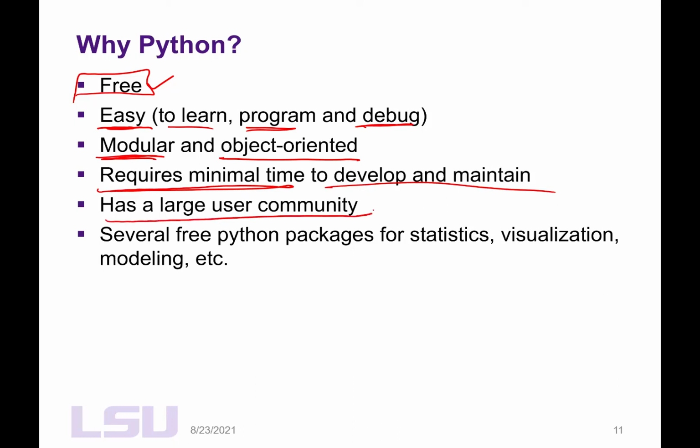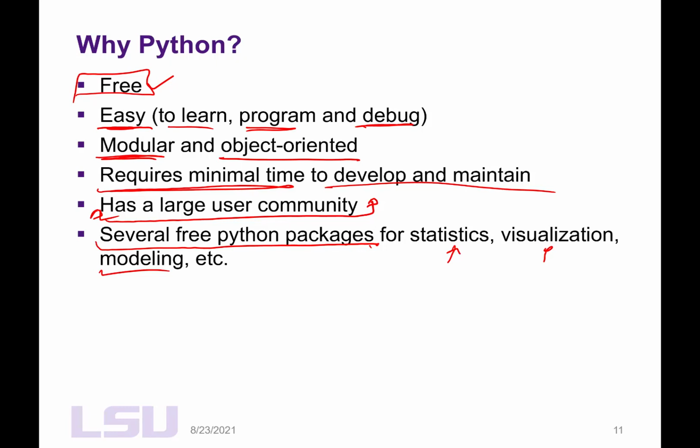It has a large user community. Why is this important? It means you can easily find solutions to problems you run into because other people have run into similar problems before and they posted the solutions on the internet. Several free Python packages exist for statistics, visualization, modeling, and for so many different purposes.